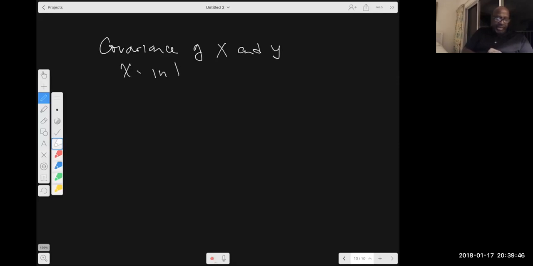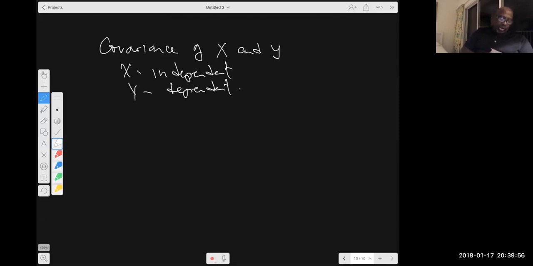So the shortcut formula for covariance of x and y. X is independent, y is dependent. All right?